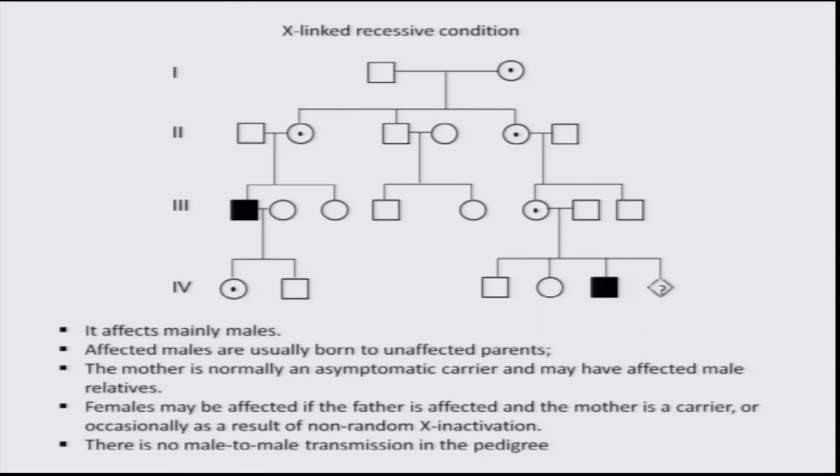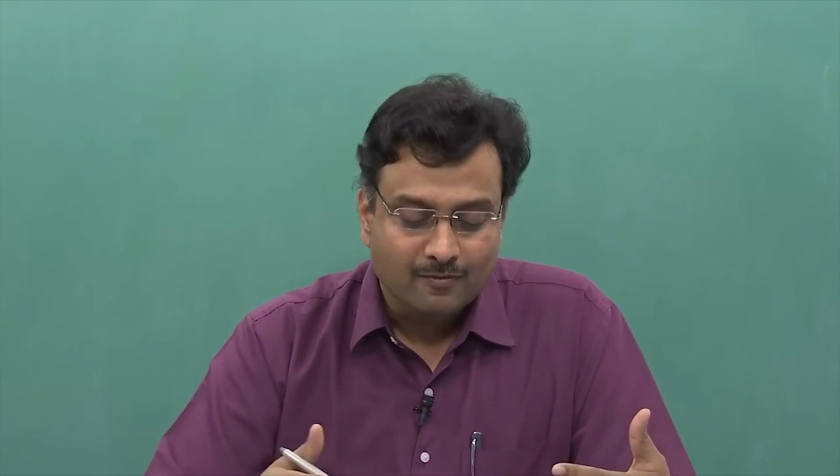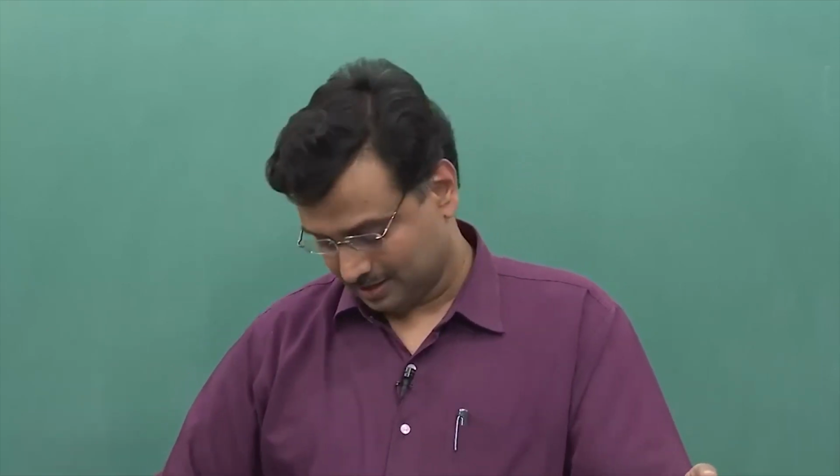So, you use these thumb rules to understand whether the phenotype could be X linked or autosomal, dominant or recessive. You come up with a hypothesis, and if you can apply that in multiple families having the same genotype, it becomes more and more clear that this is indeed the mode of inheritance. That is how you do it.